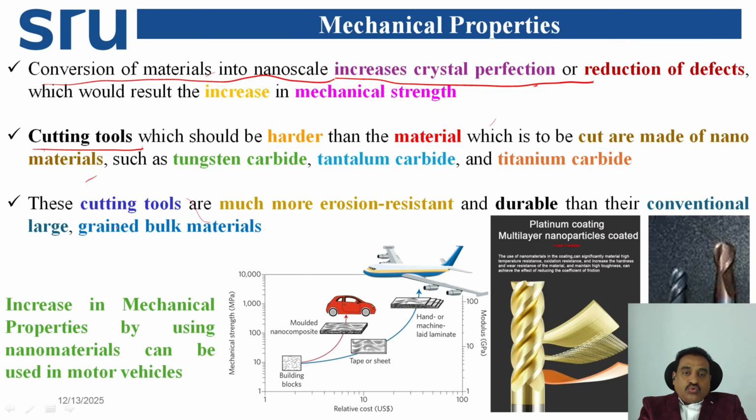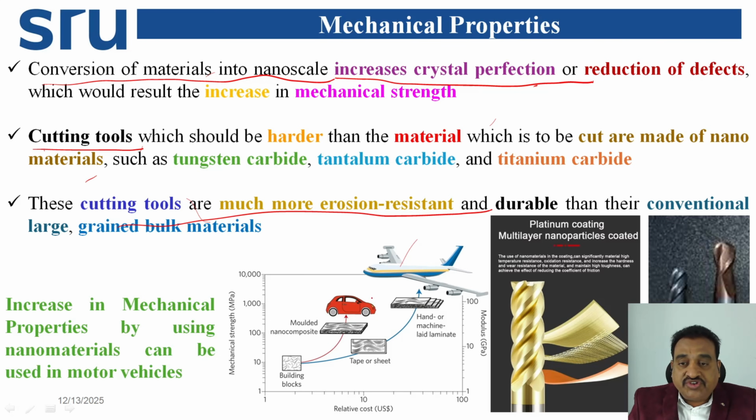These cutting tools are much more erosion resistant and durable than their conventional large-grained bulk material. You can observe in this figure and also in this figure the increase in mechanical properties by using nanomaterials, which can be used in motor vehicles.